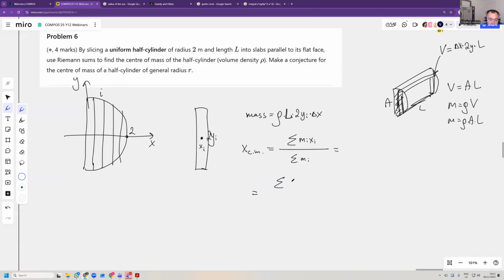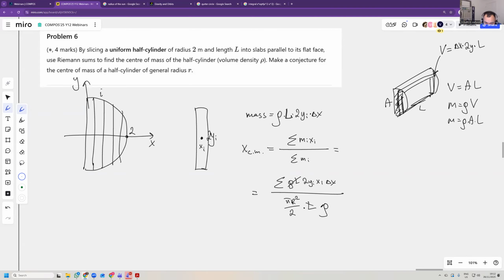So the sum of rho L 2yi xi delta x, and the sum of masses, well, that's just the mass, so it's the cross-sectional area, pi r squared divided by 2, multiplied by the length and multiplied by the density.